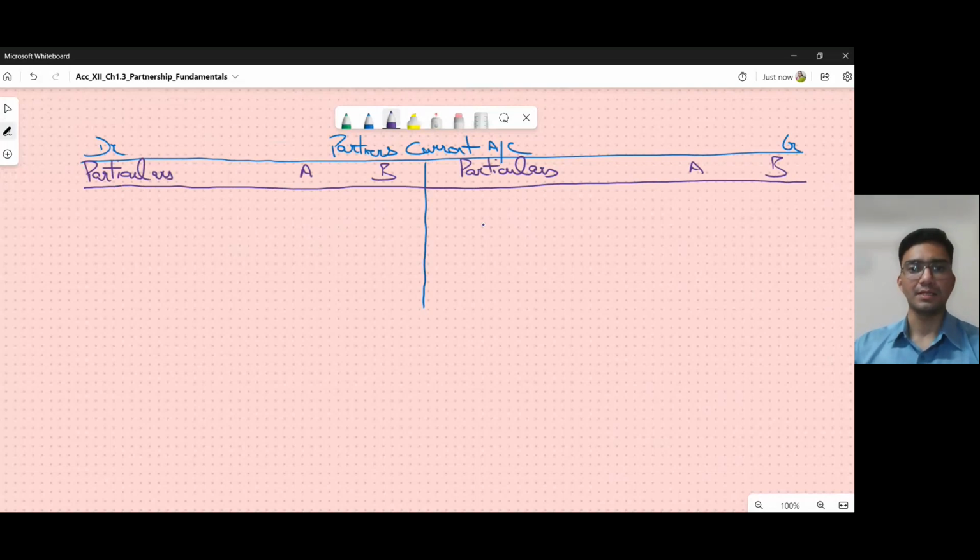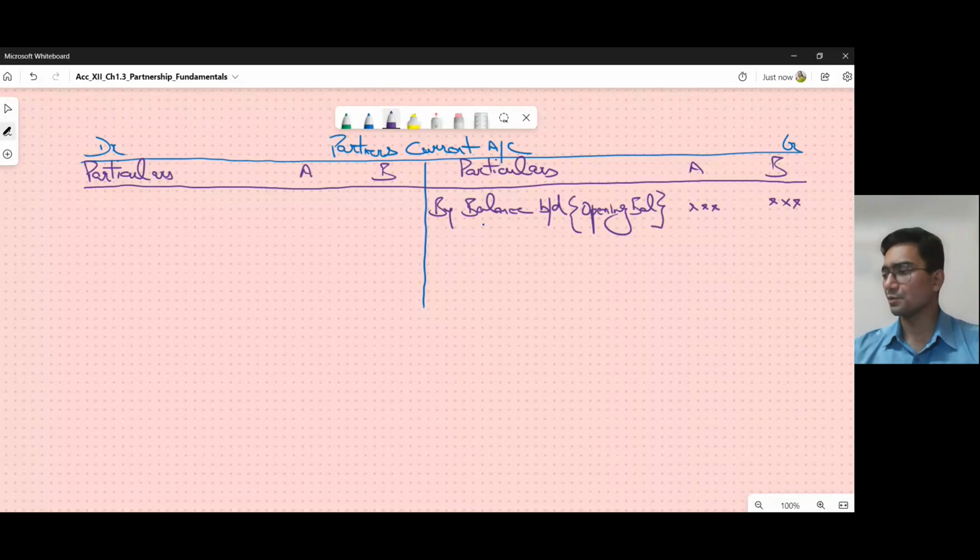Now, in this I said we either have a debit balance or a credit balance. In our questions, we may sometimes be given the opening credit balance of the partners' current account. In that case, we will write it on the credit side. So I will write it as by balance brought down, in brackets opening, and I will write the amount, whatever may be given in my question.